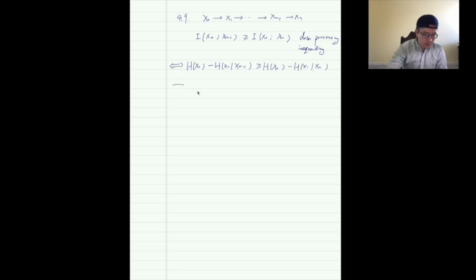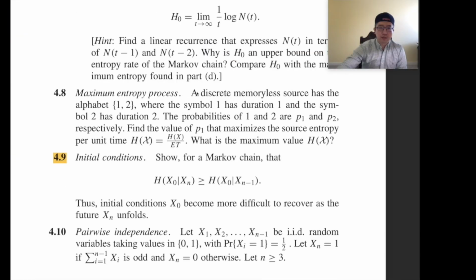Therefore, we get that H of x0 given xn is bigger than or equal to this, so it means this increases with n. Okay, so we're done with the problem. Okay, very good.